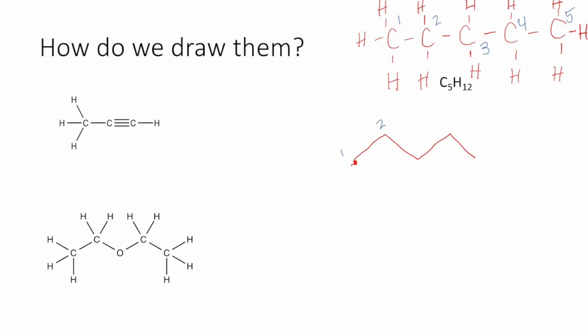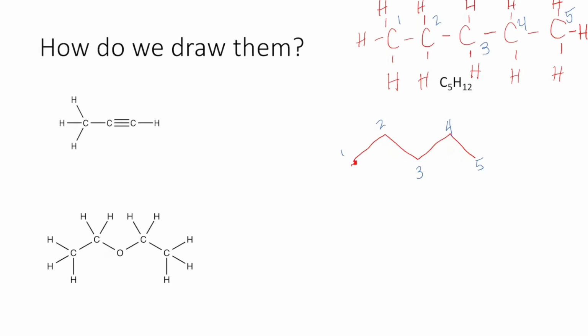And in my line angle structure, 1, 2, 3, 4, 5. Okay, so the zigzag helps me to kind of separate out the carbons, but every starting point or end of the line and every intersecting point is a carbon, and every carbon is assumed to have 4 bonds to it. So we don't draw in the hydrogens at all.